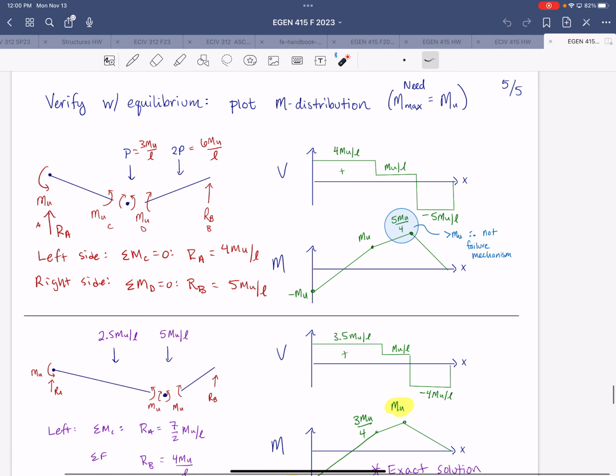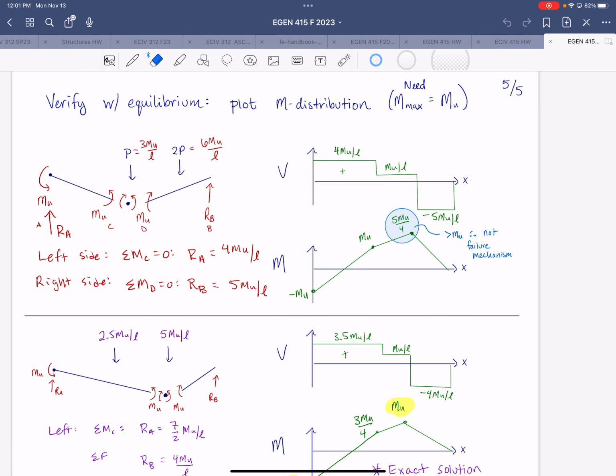What we're looking for is to make sure that in the true collapse mode, there won't be any value of moment in the entire distribution that exceeds the ultimate moment. So for that first mechanism, where you have the plastic hinge at the fixed end and the plastic hinge at the center, here's your free body diagram of that collapsed condition.